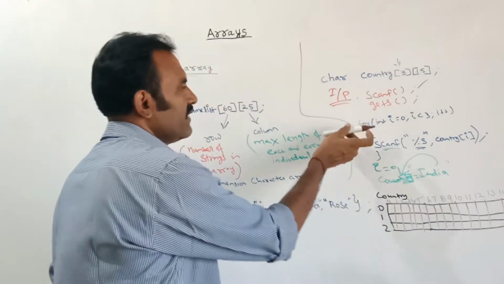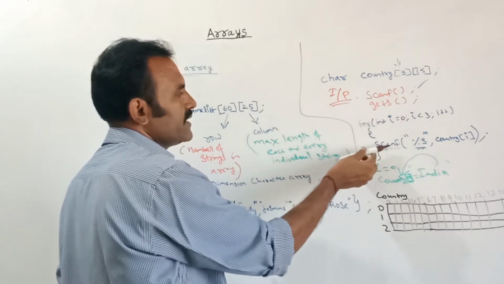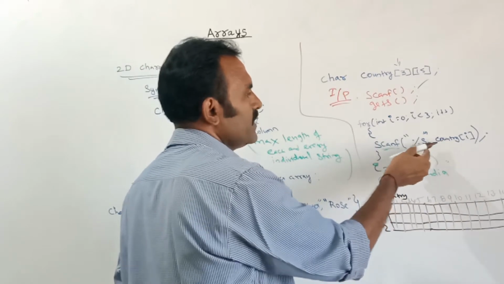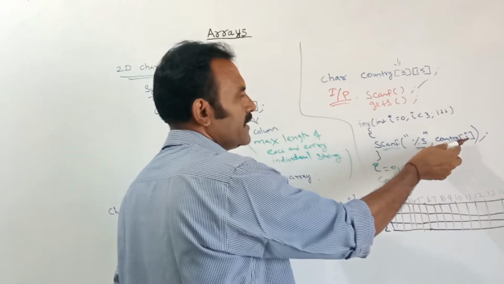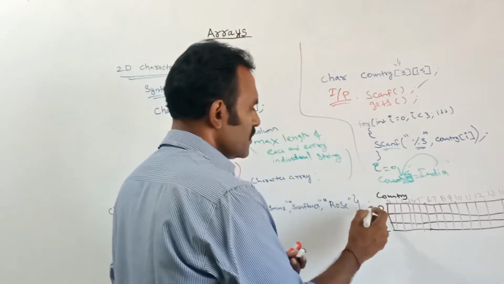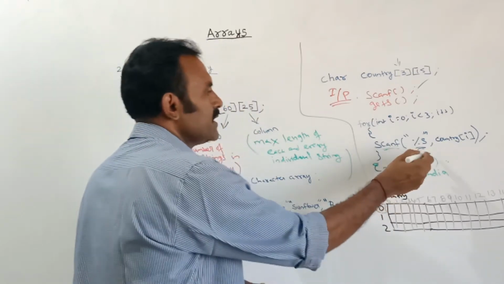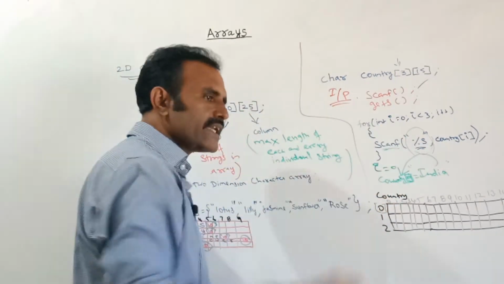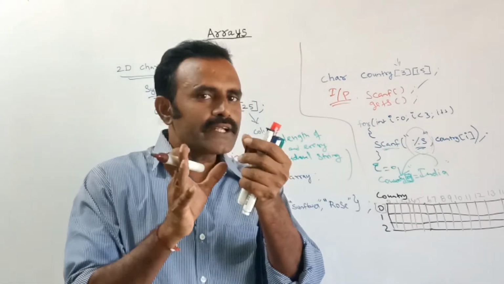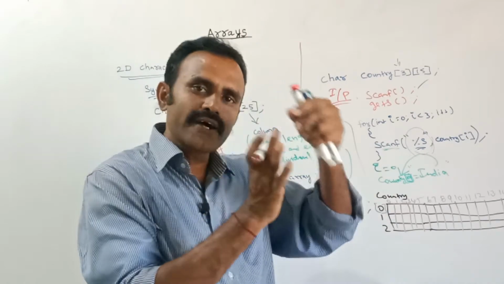See, when i is equal to 0, it checks the condition, true, it comes inside. Here by using the scanf function I am giving the input to country of i, that is country of 0th position. Here I am giving %s, it is used for string. What is a string? The array of characters is known as a string. This %s is used to store the array of characters.